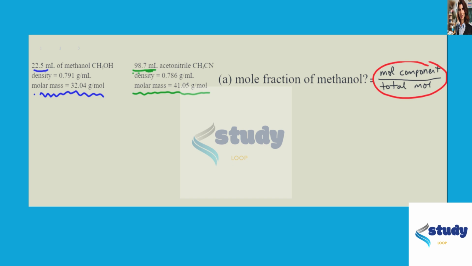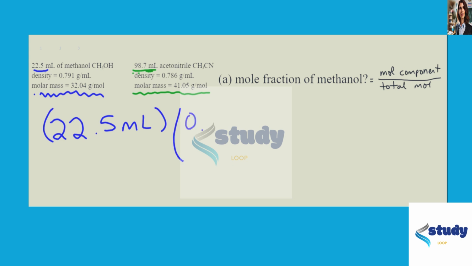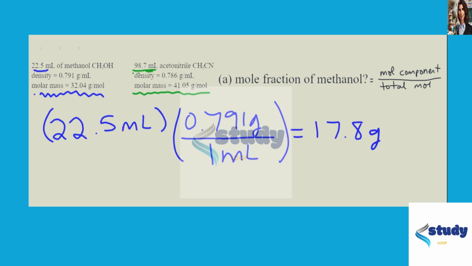So to start with, we're going to use the density and volume of methanol. When we multiply these two together, 22.5 milliliters by the density 0.791 grams for every 1 milliliter, we find the mass of methanol present in this solution. So that's 17.8 grams of methanol.